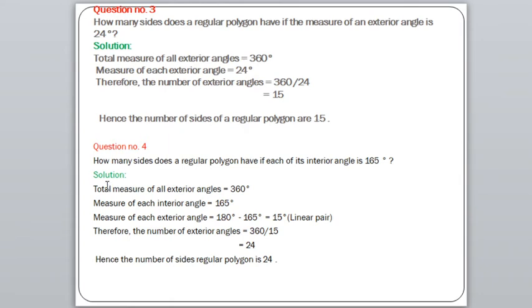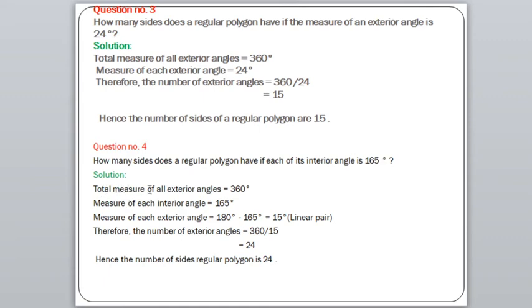Then next question, how many sides does a regular polygon have if each of its interior angle is 165 degree? In the previous question the exterior angle was given, and by using that exterior angle we found the number of sides, but here the interior angle is given, and by using the interior angle we have to find out the number of sides that the regular polygon has.